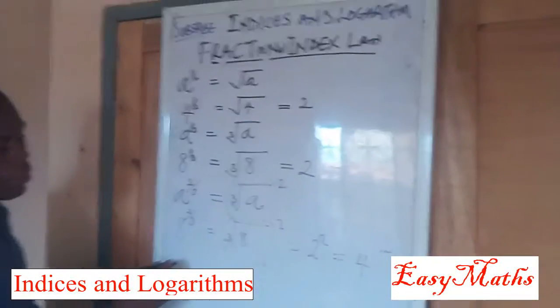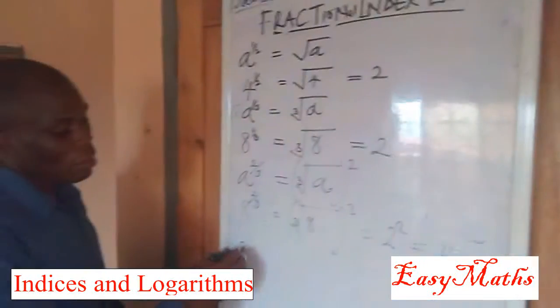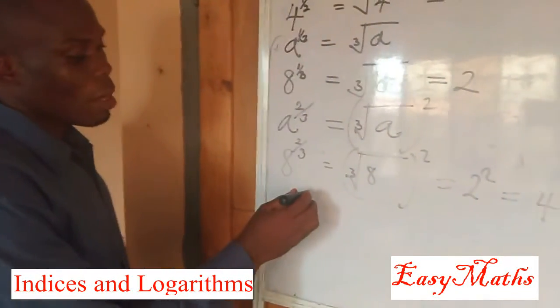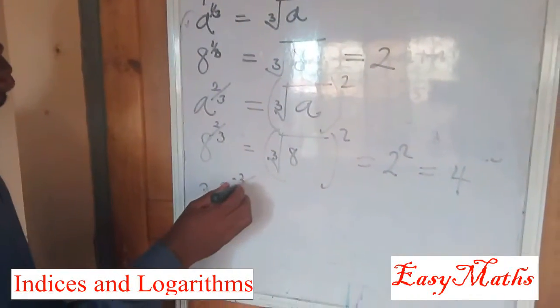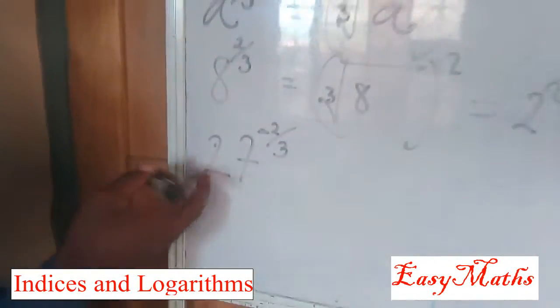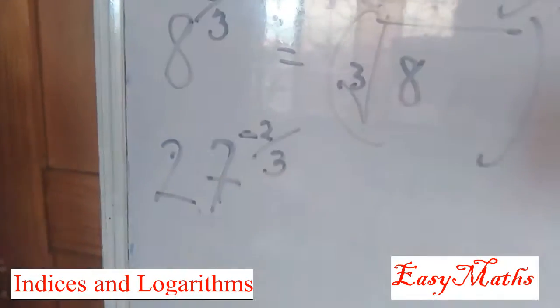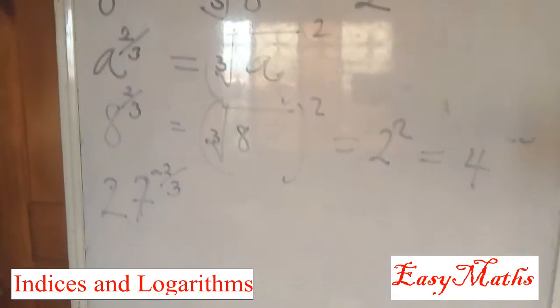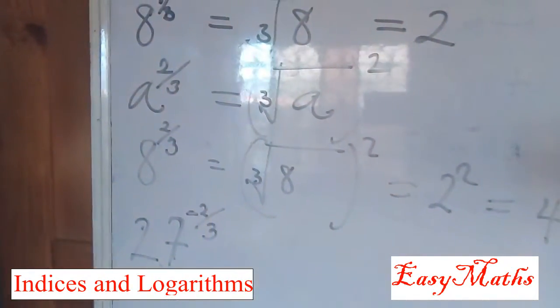Now, if you have an index to be simplified, 27 raised to power minus 2 over 3, then for this kind of simplification, firstly you need to apply the negative rule to it. The base here is 27.